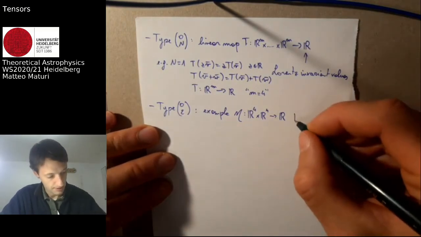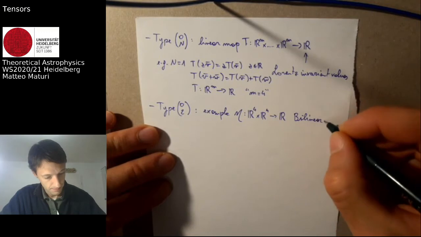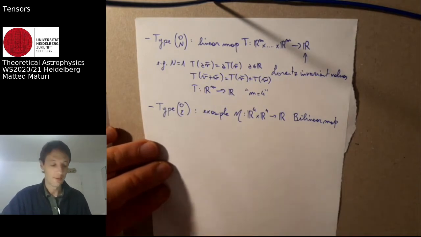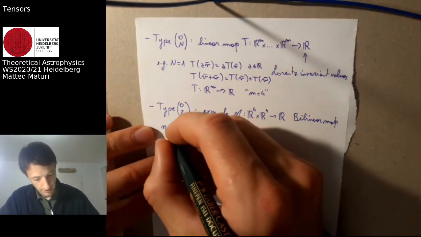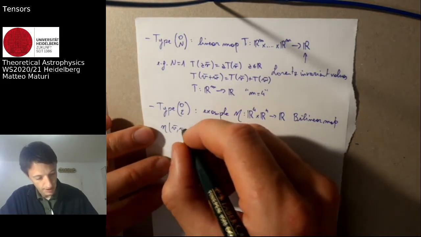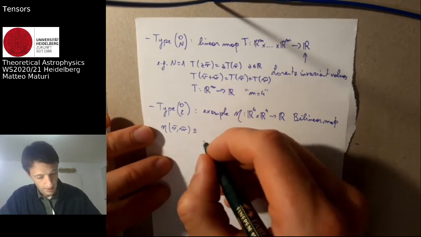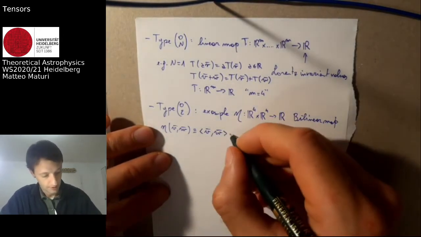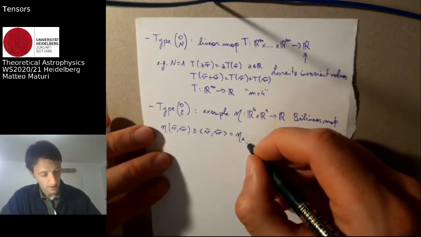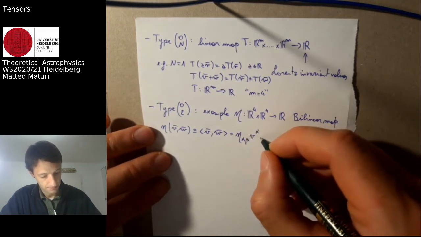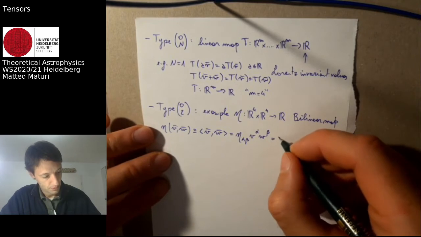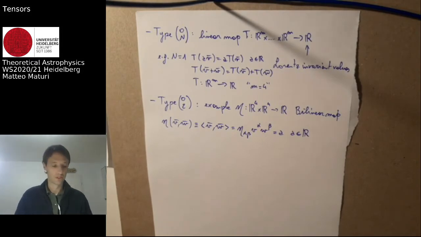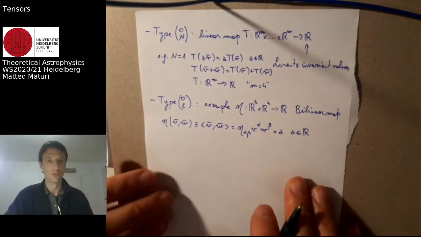It is a bilinear map associated to the scalar product, as I've shown you. The metric tensor applied to two vectors coincides with the scalar product written explicitly in Einstein notation, equal to a, with a being a real number.